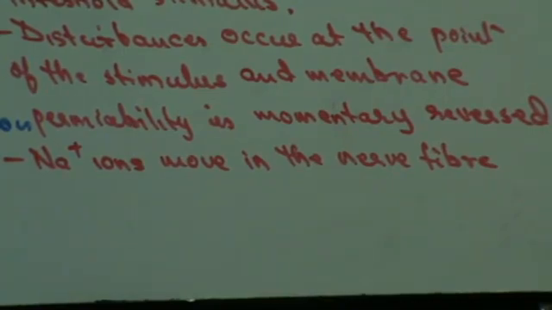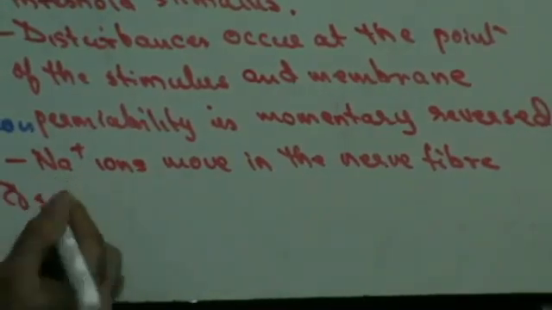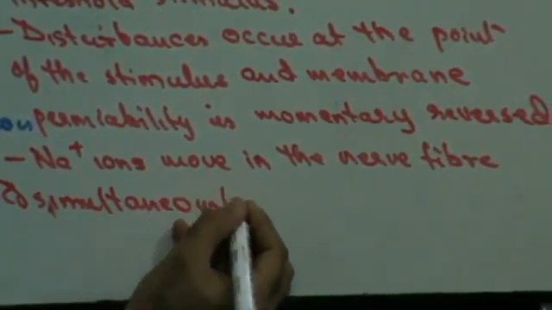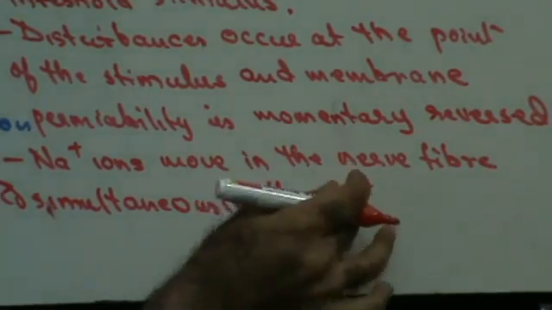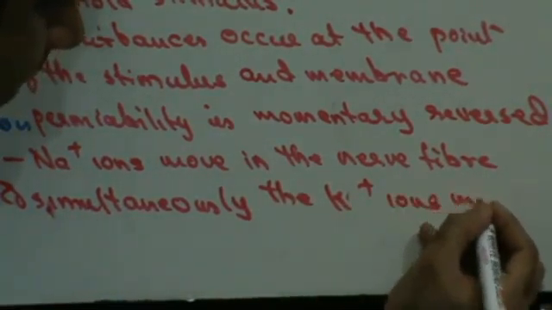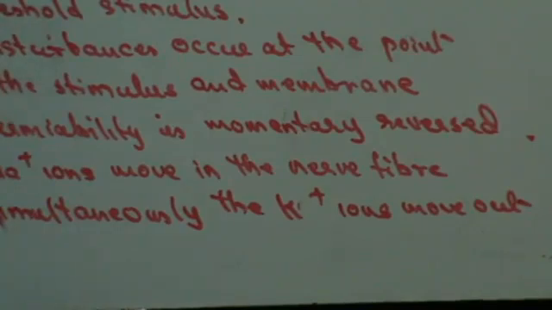The positive sodium ions move into the nerve fiber and simultaneously the potassium ions move out. So the membrane becomes negatively charged outside and positively charged inside.